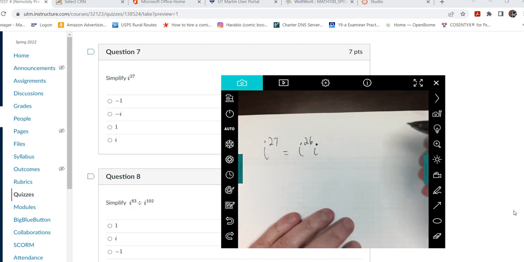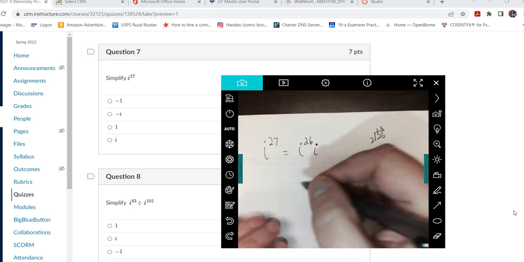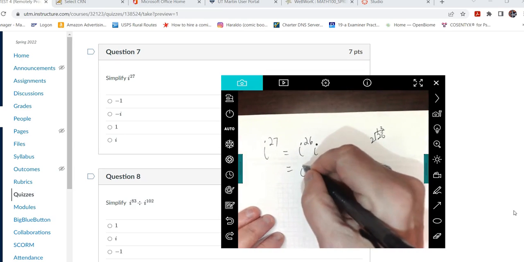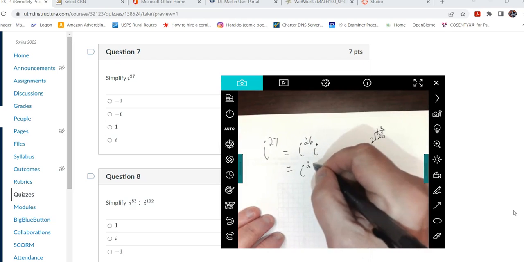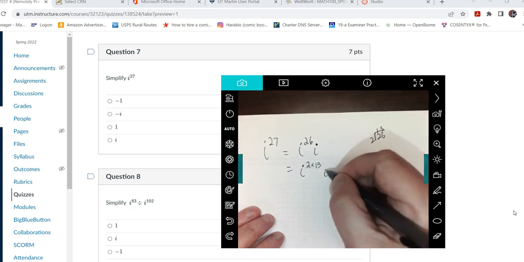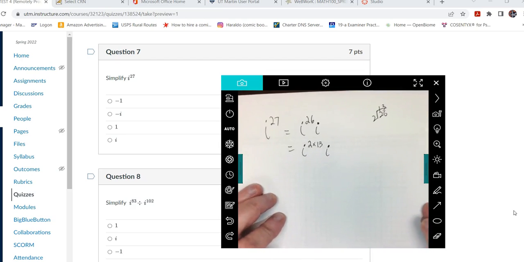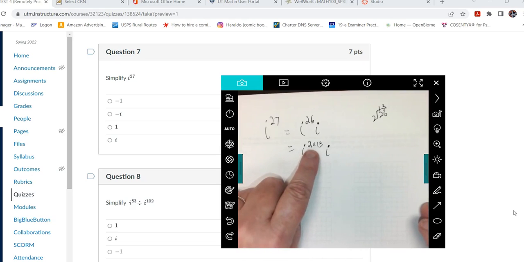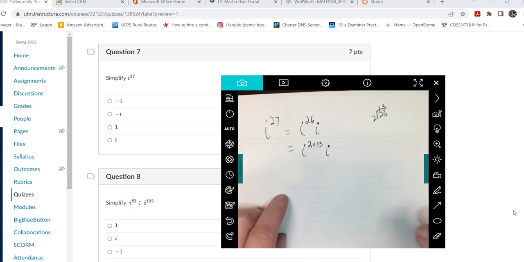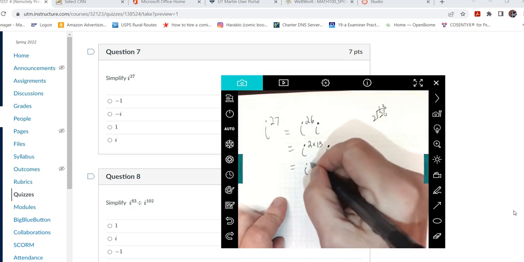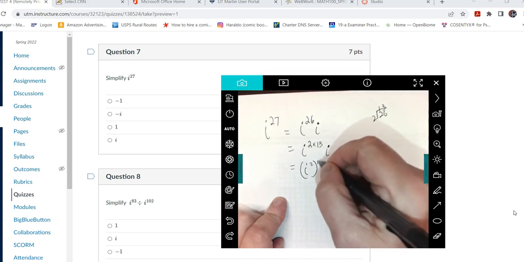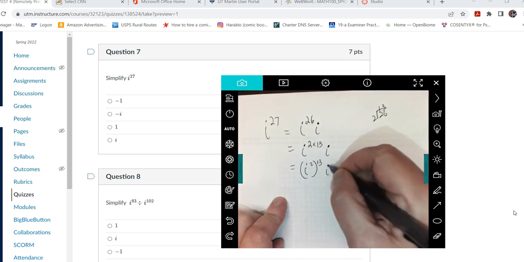And now 26 divided by 2 is 13. So I'm going to rewrite this as i to the power of 2 times 13. And now with the exponent rules, that's the same as i squared, all to the 13th power.